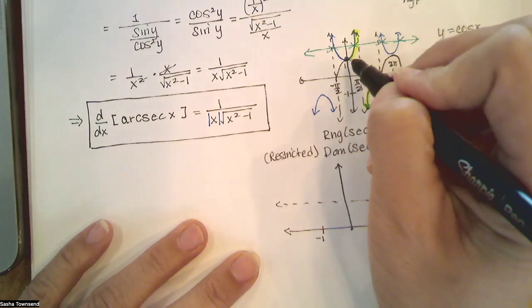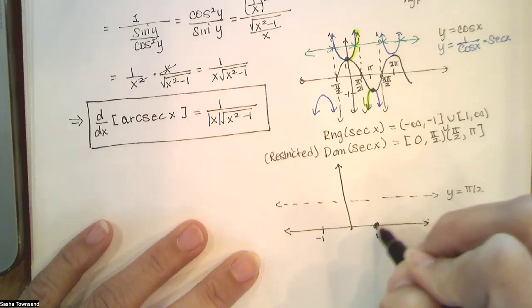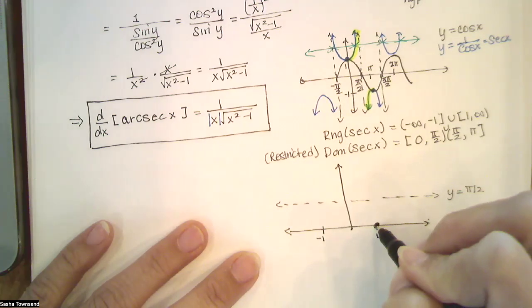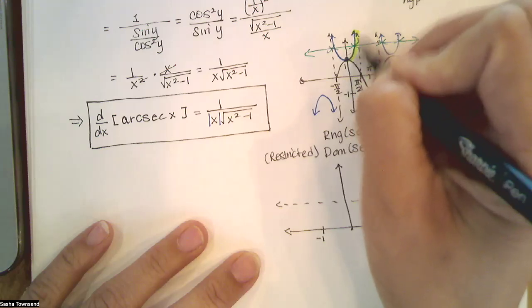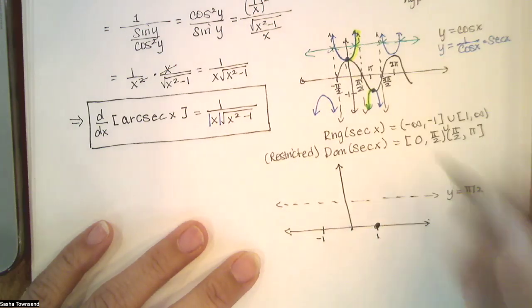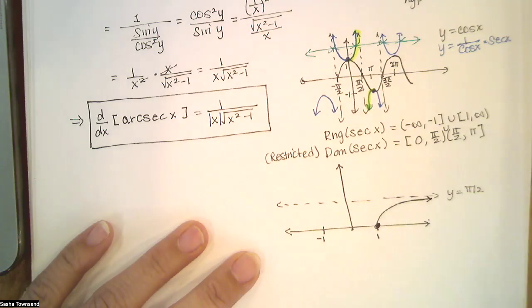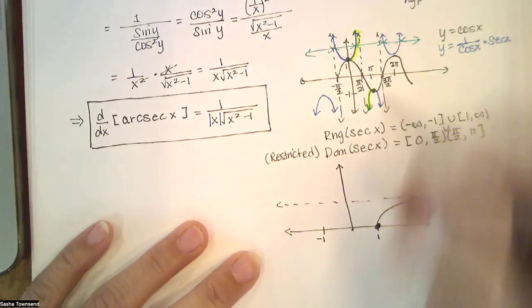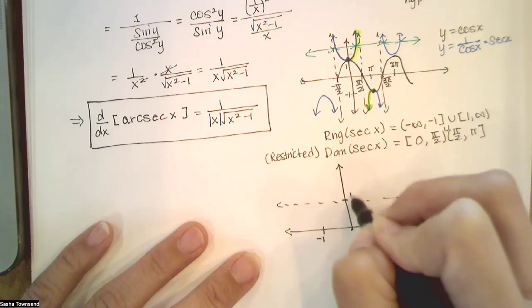And this point, when x equals 0, y equals 1, becomes this point. And then this branch approaches that asymptote y equals pi over 2, or excuse me, x equals pi over 2. So our branch here will also approach the asymptote. And then here we have when x equals -1, y equals pi.